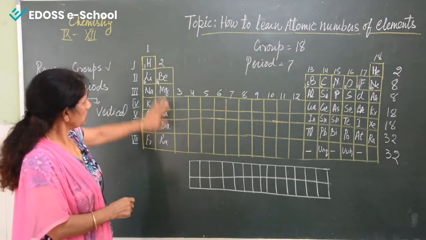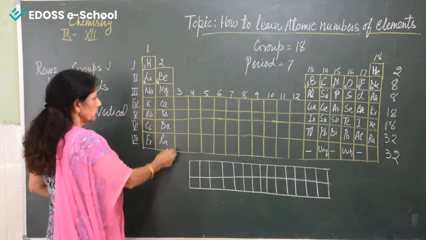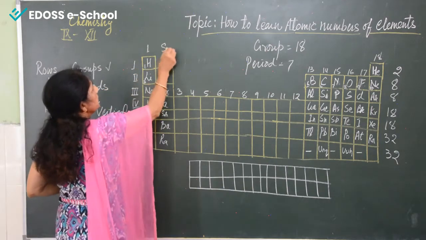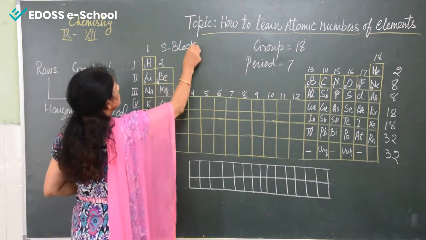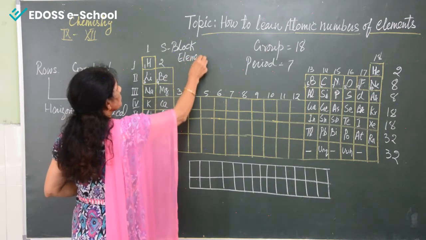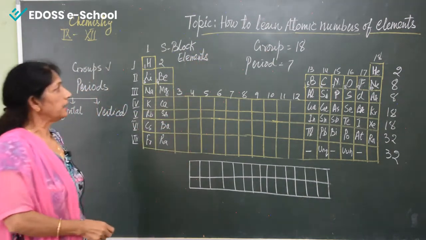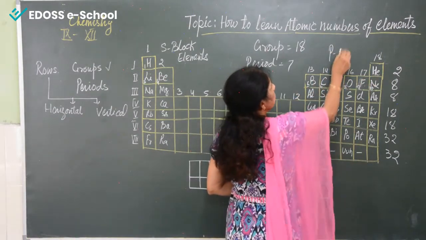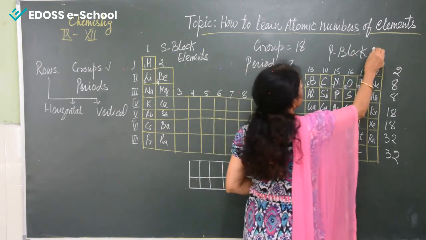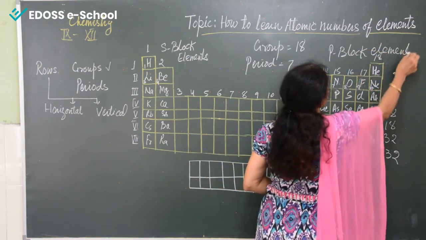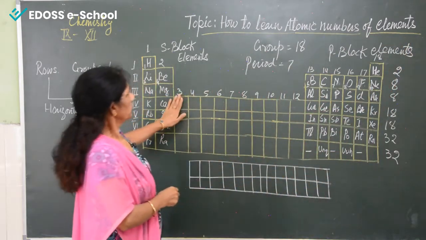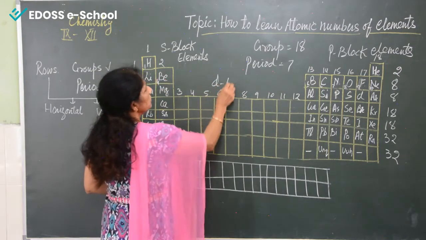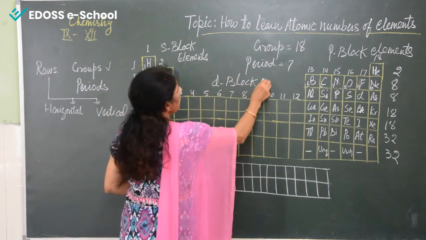Now see here, in this periodic table, the elements kept in group 1 and 2 are known as S block elements. Groups 13 to 18 are known as P block elements. Groups 3 to 12 are known as D block elements.